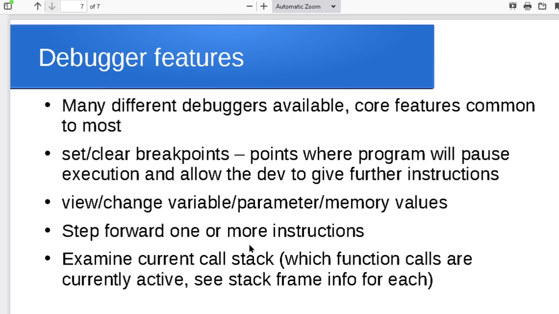Right now I'm in function foo that got called from function blah that got called from the main function, or whatever it might be. So it allows you to examine the call stack and see which function calls and method calls are active right now, and probably allows you to browse what their parameter values are, browse through the local stack to see what's going on at this point in the program.